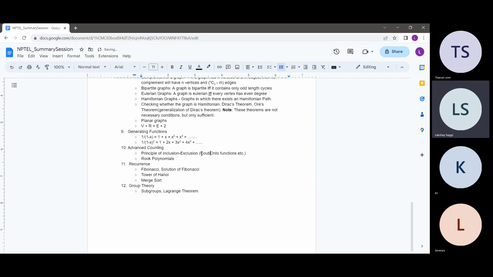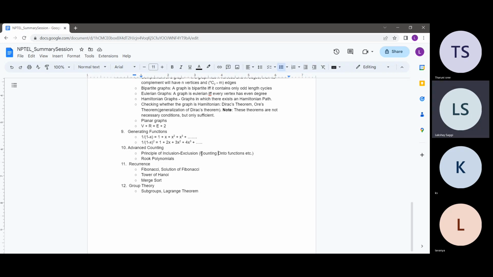It states that the cardinality of A1 union A2 union A3 is the cardinality of A1 plus A2 plus A3, minus A1 intersection A2, minus A2 intersection A3, minus A1 intersection A3, plus A1 intersection A2 intersection A3. So you can just look up the principle of inclusion exclusion.